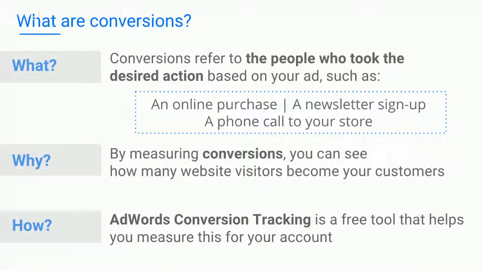You track these so that you can see how many visitors to your website actually turn into a customer. And conversion tracking is absolutely free, so there's really no reason why you shouldn't have it set up. If for any reason you don't know how to set up conversion tracking, certainly go to our AdWords Help Center or give us a call directly and we can help guide you through it.